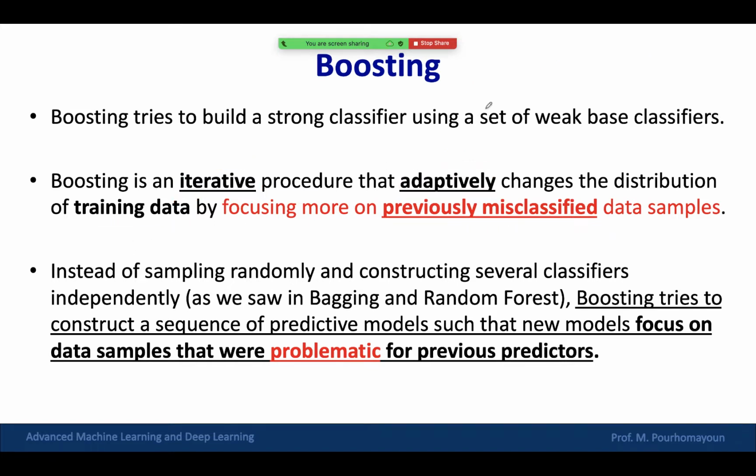To train each base learner, each classifier, we check the results of previous classifiers in boosting. So instead of sampling randomly and constructing several classifiers independently, in boosting methods, we try to construct a sequence of predictive models such that new models focus more on the data samples that were problematic for previous classifiers or previous predictors. So this is the idea.